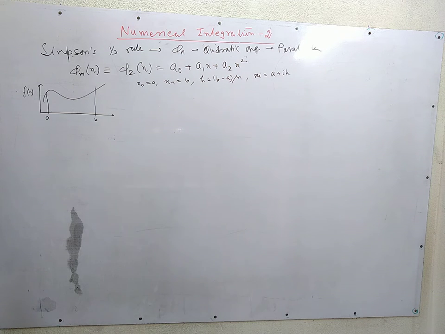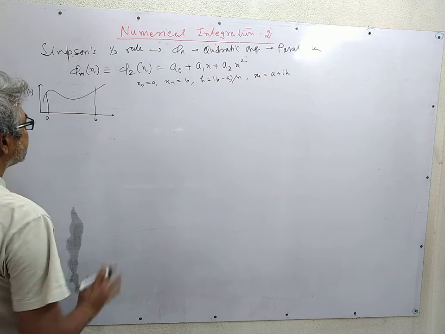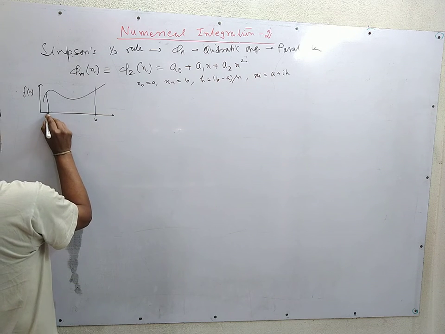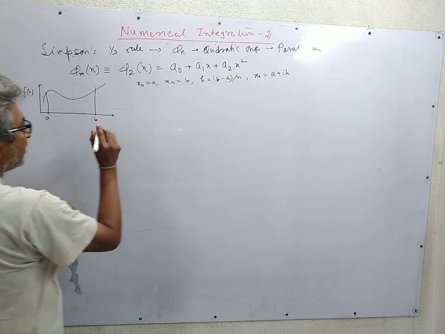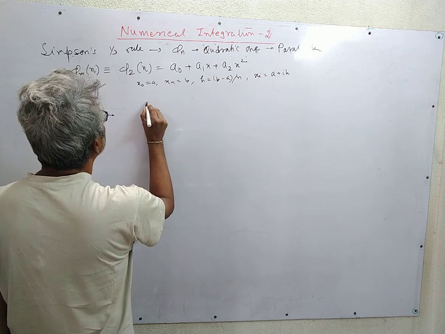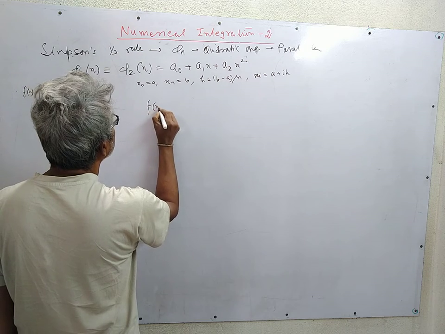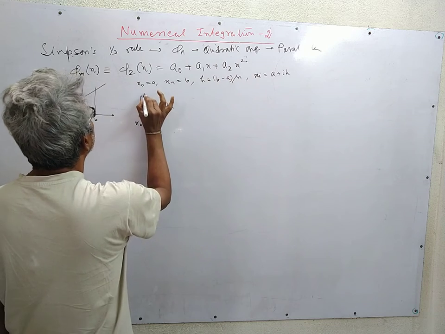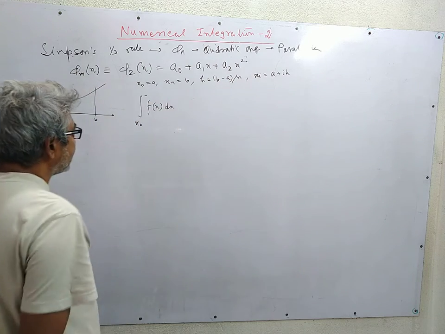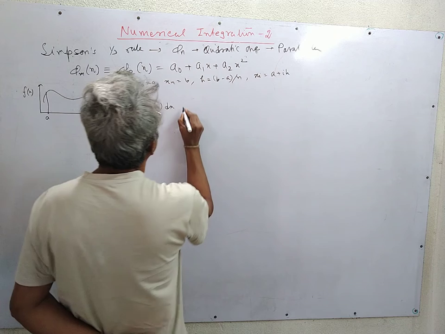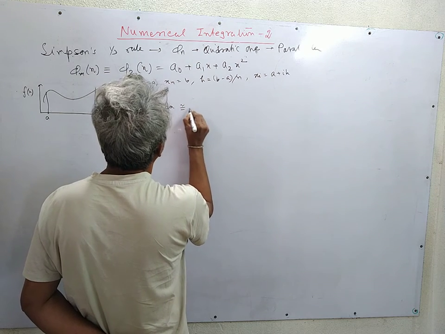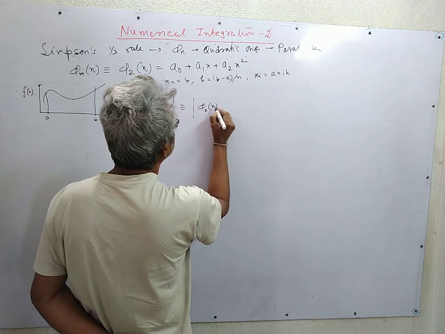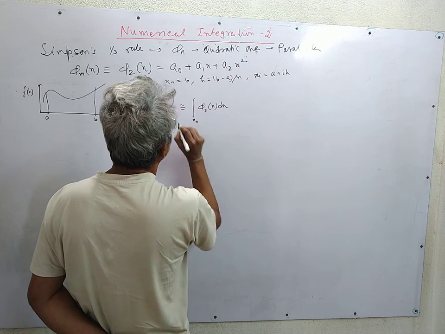Firstly, we divide it into certain intervals. We first want to get the result starting from x0. So we want to calculate this value, the integral of f(x) dx from the limit x0. I am not writing the upper limit right now. This exact value is being approximated by the integral of phi 2 of x dx from x0 to the upper limit.